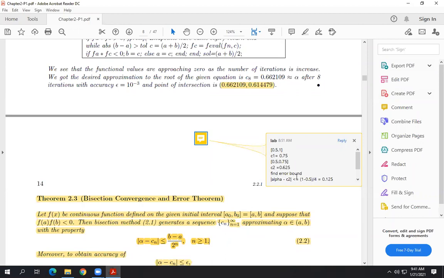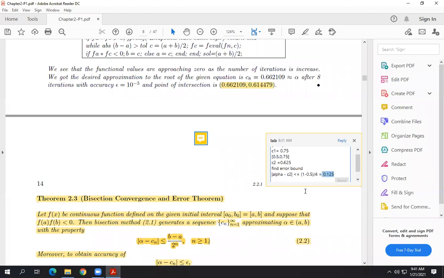And this is how I solve it. He says find the error bound for your approximation. So what is the formula? Alpha minus C2 is less than or equal to what? B is your original 1, A is your original 0.5, divided by 2 to the power 2, which is 4. And 1 minus 0.5 divided by 4 is equal to what? 0.25.